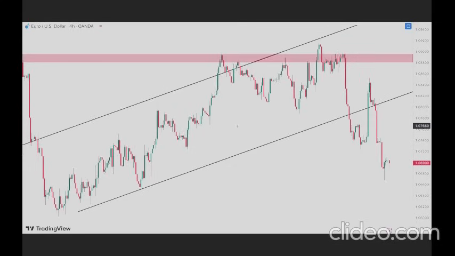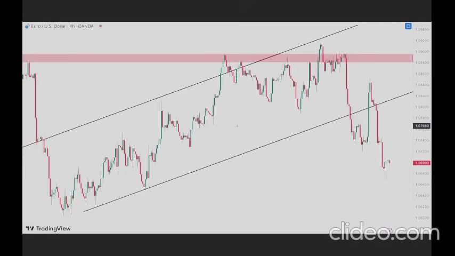In the 4-hour time frame, guys, as you can see, this was the major trend, but although when you come to inner trend or minor trend line, you can draw your minor trend line connecting 2 points inside this channel.